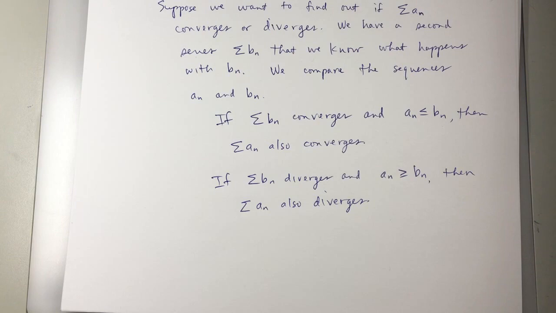Really, it says for all n, but you could say if after some point, maybe A sub 7 is smaller than B sub 7, maybe A sub 8 is smaller than B sub 8. But maybe when n is 10 and higher, A sub 10 is greater than or equal to B sub 10, A sub 11 is greater than or equal to B sub 11.